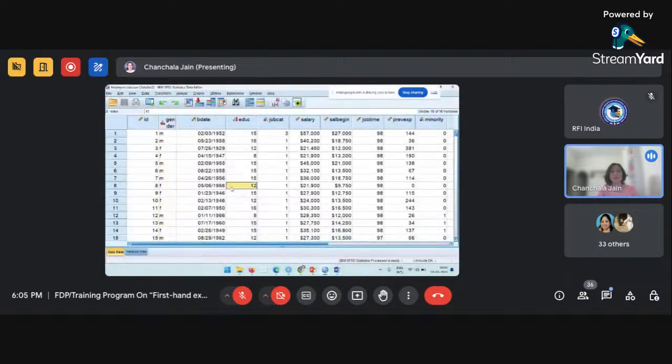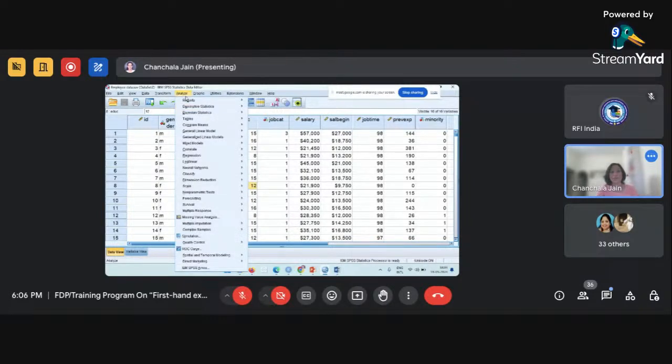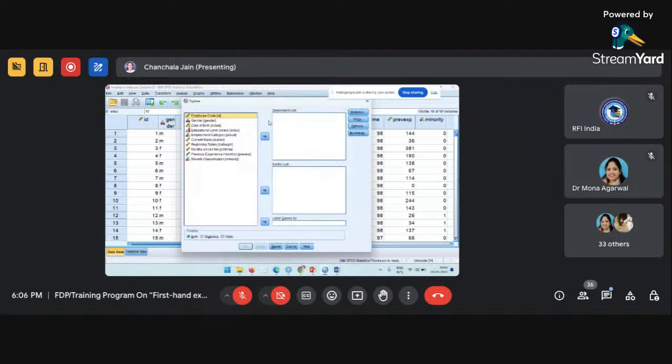Now for the further assumptions, you need to go to the Analyze menu, then go to Descriptive Statistics, and then select Explore. Everyone has located this? Yes, ma'am. Once you click on this, you can see we are in the Explore dialog box.